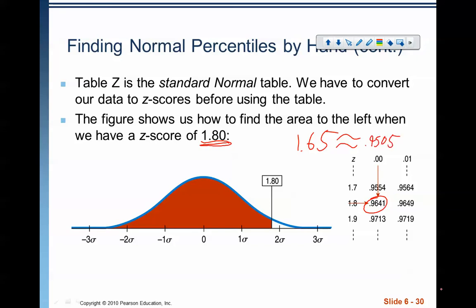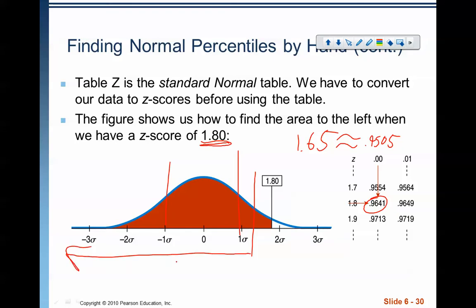Now the thing to be careful of with these tables, and what your calculator is doing as well: the 68, 95, 99.7 rule is calculating a distance from here to here. This z-score of 1.65 is calculating it from 1.65, which is about there, and it's doing everything to the left.